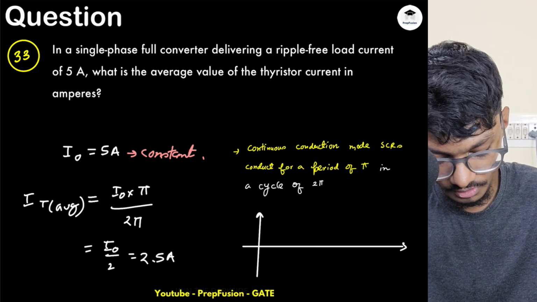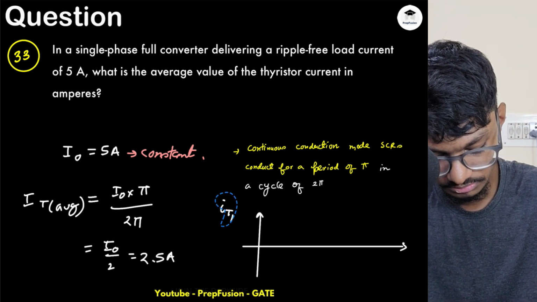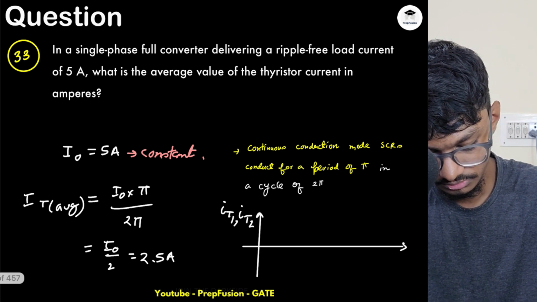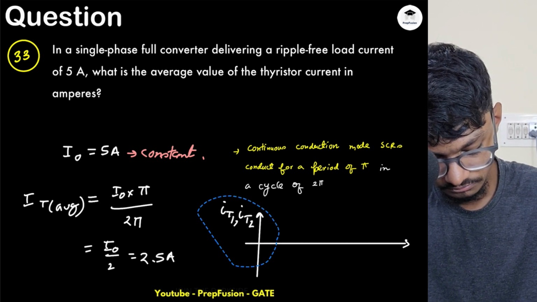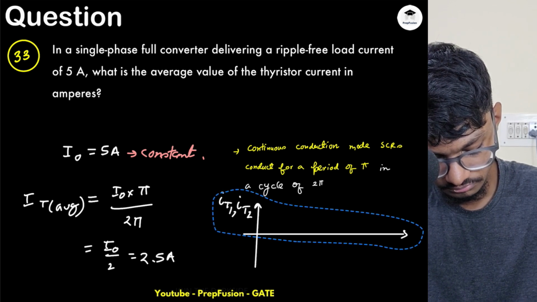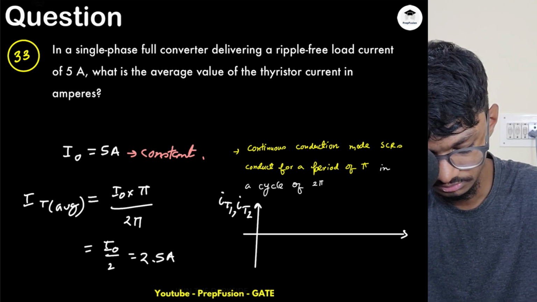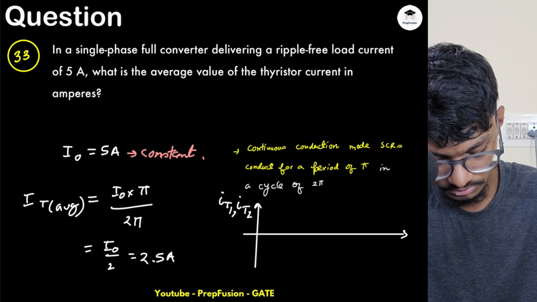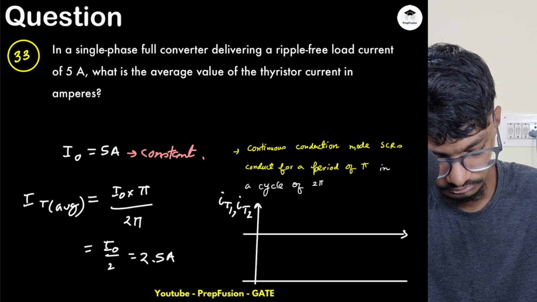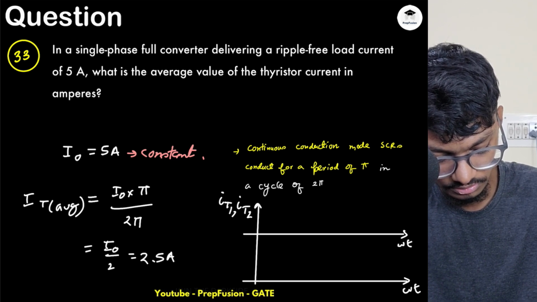So this is IT1 and IT2, and this is omega t.